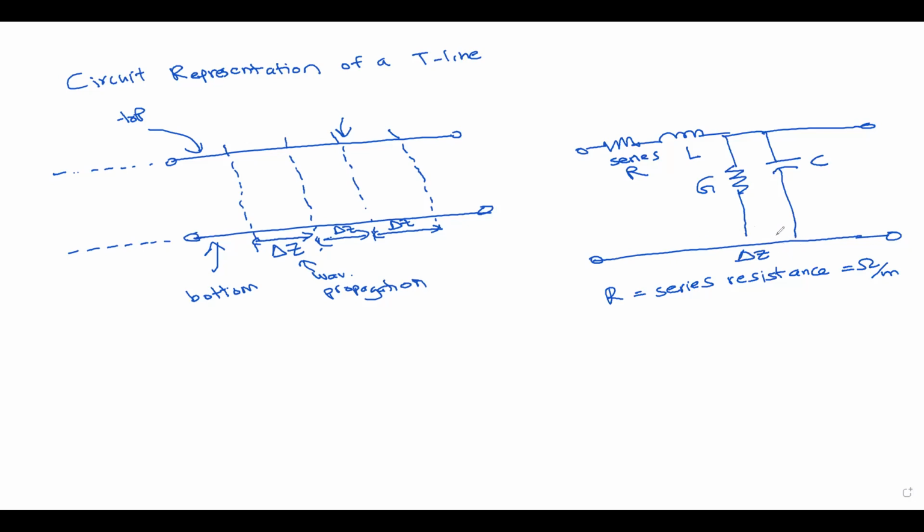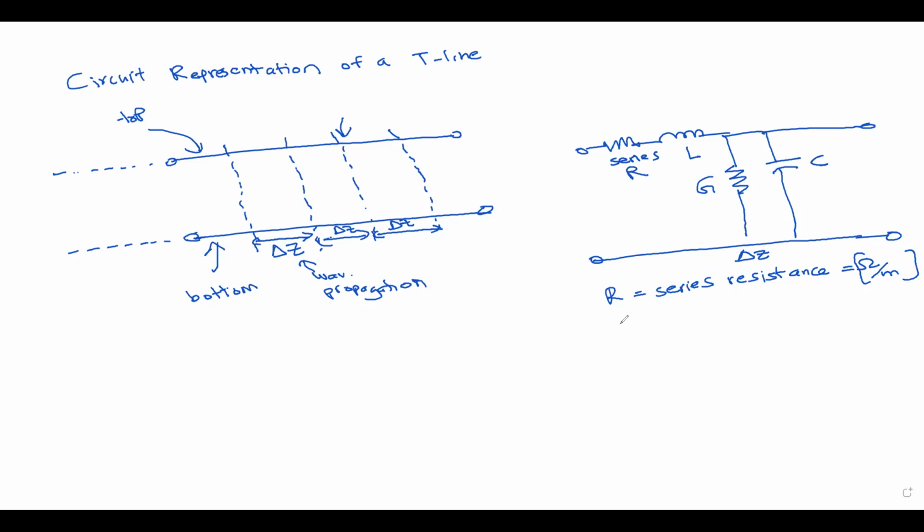Delta Z denotes a very small length of the transmission line, so it is equivalent to the unit length of the transmission line. The value of R, related to the resistance available in this delta Z length, is the series resistance of that length, and its unit is ohm per meter.